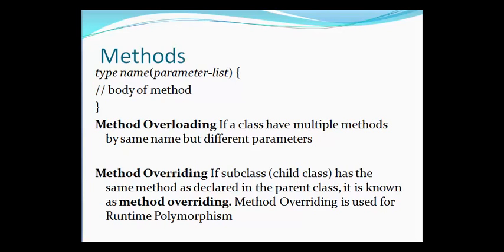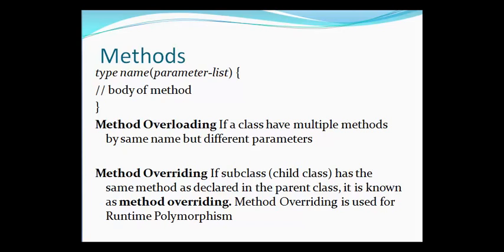Whenever there is a call to an overloaded method, it simply executes the version of the method whose parameters match the arguments used in the call. So if I have two parameters and I've called a method with two parameters, it will call that particular method.